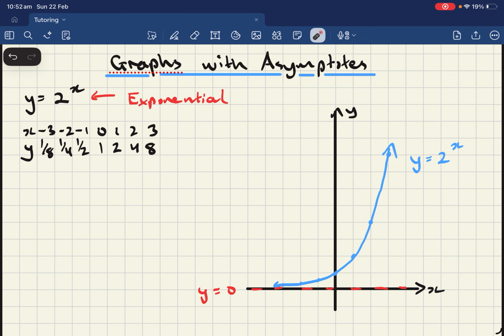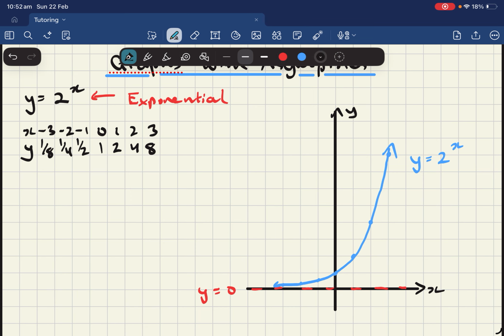So as x gets smaller in the negative direction. So we're actually just going to make a note of that. As x approaches -infinity, y approaches 0. This is just a note we're going to make to help us to basically understand the exponential function and understand the asymptotes as well.